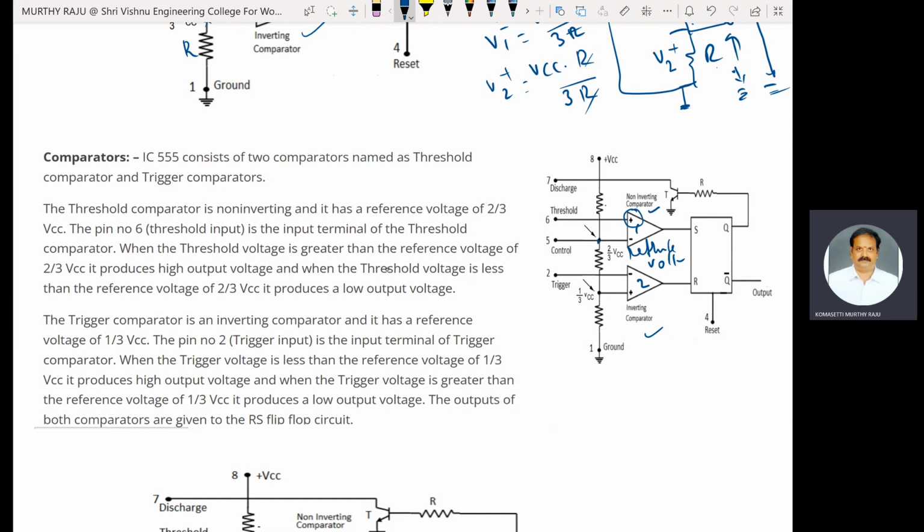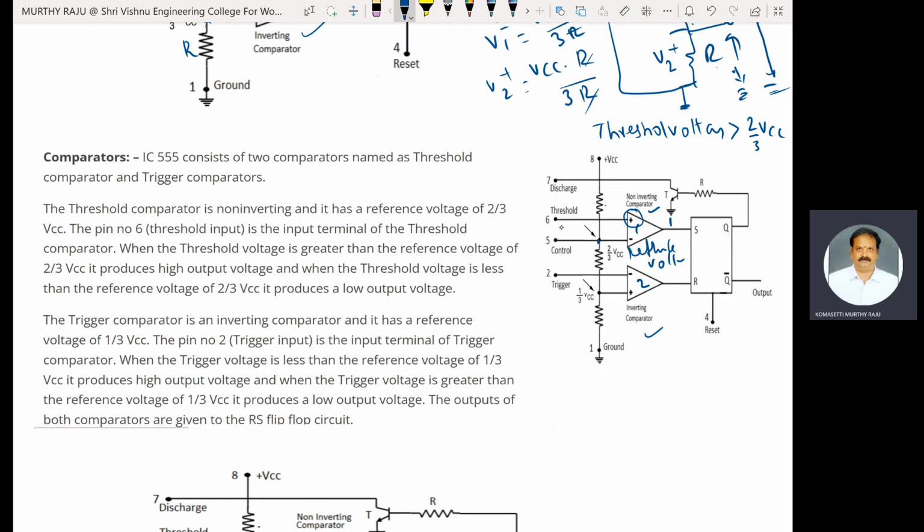When the threshold voltage is greater than the reference voltage, 2/3 VCC, it produces high output, that means 1.